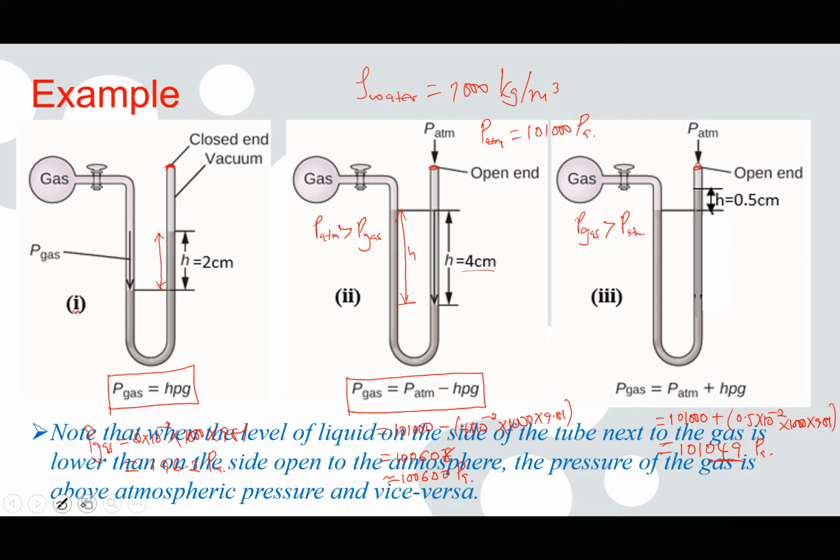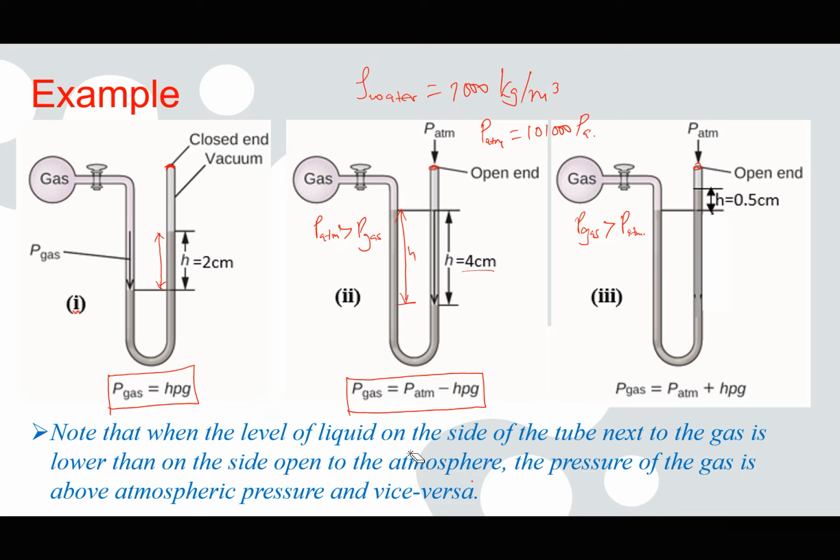Note that, I think I should wrap off this so that the note is visible. Note that when the level of the liquid on the side of the tube next to the gas is lower than on the side open to the atmosphere, the pressure of the gas is above atmospheric pressure, and vice versa.